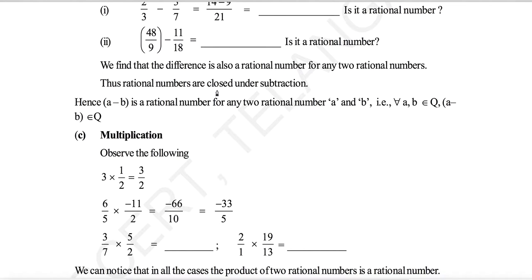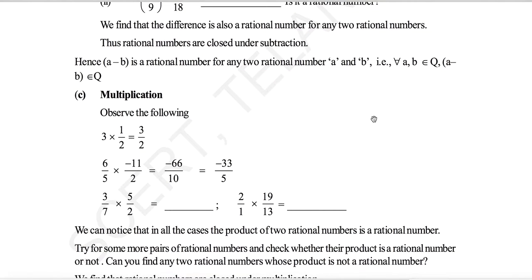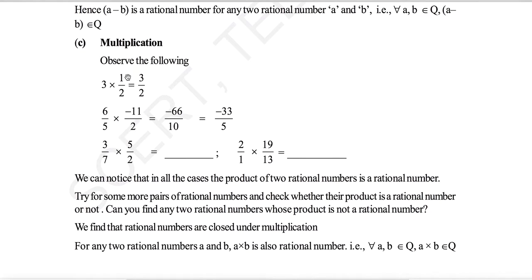We find the difference is also a rational number for any two rational numbers. Thus, rational numbers are closed under subtraction. Hence, a minus b is a rational number for any two rational numbers a and b. For all a, b belongs to Q, a minus b belongs to Q.